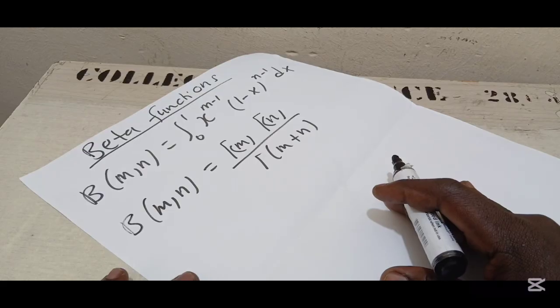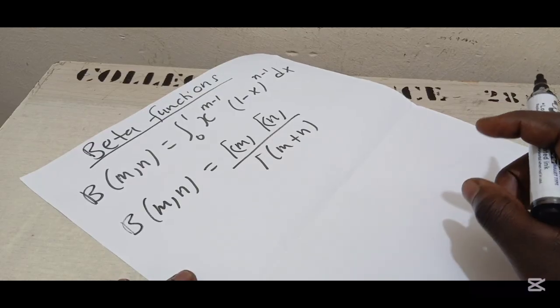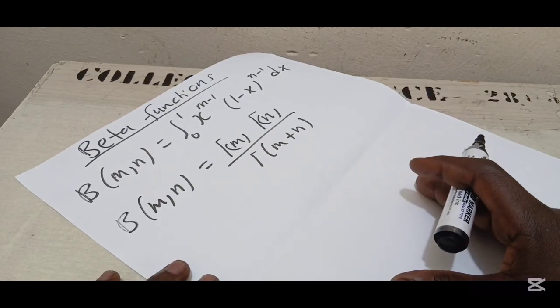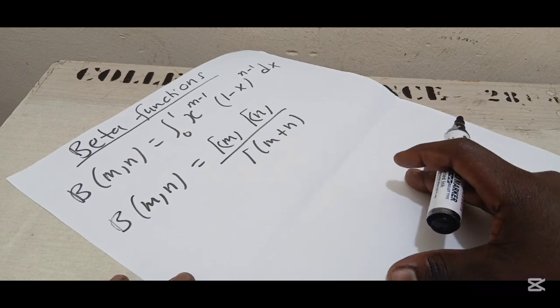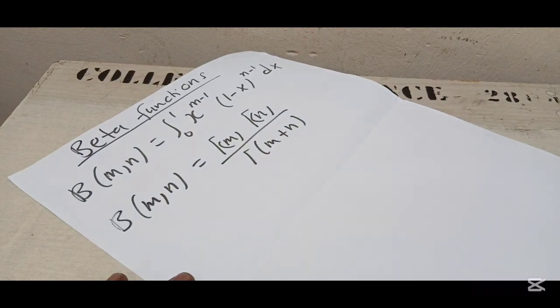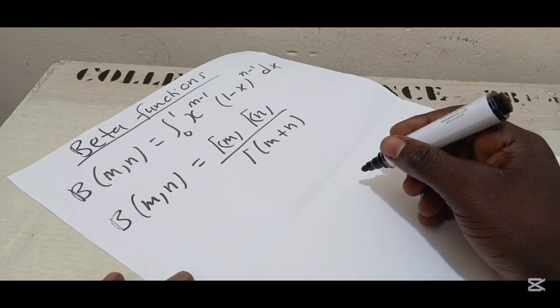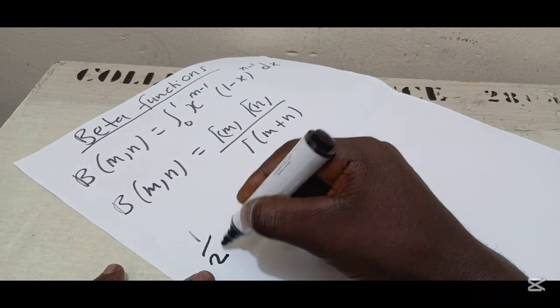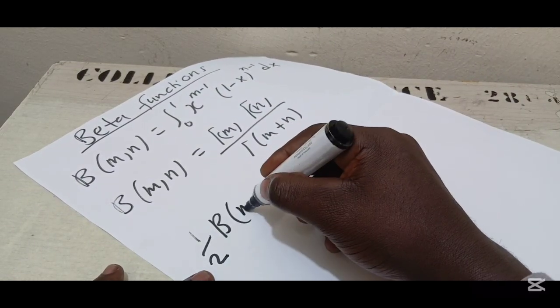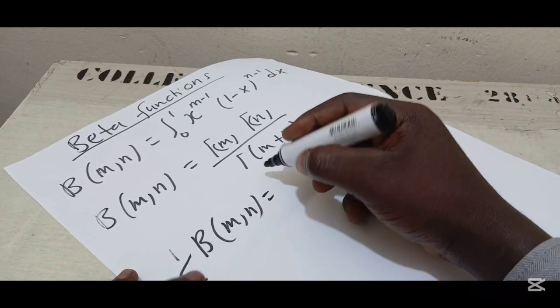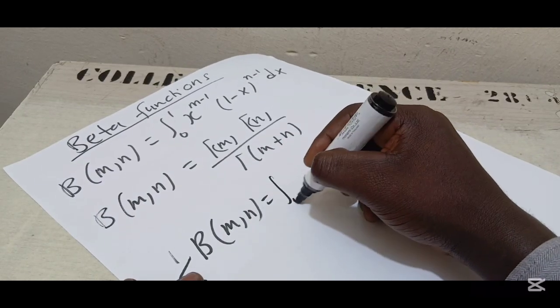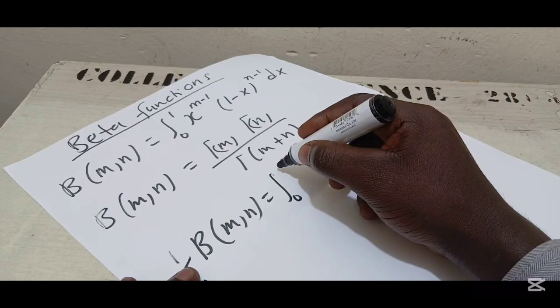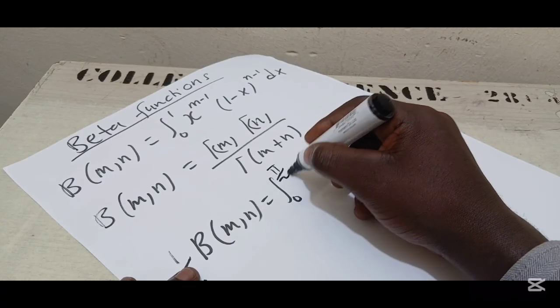Another formula we need to know is the trig properties. When we have to solve problems under trig functions, there is a formula that we can use. It's half beta of m, n equals the integral of 0 to pi over 2.